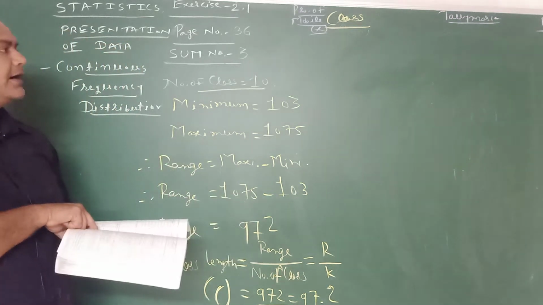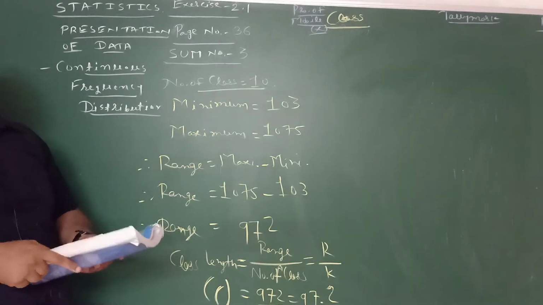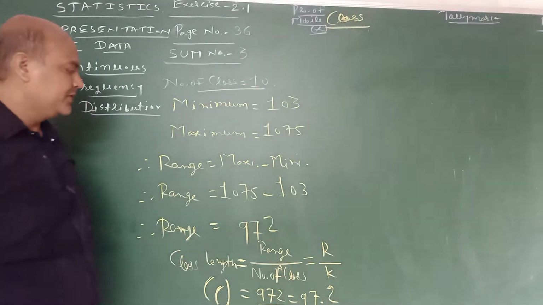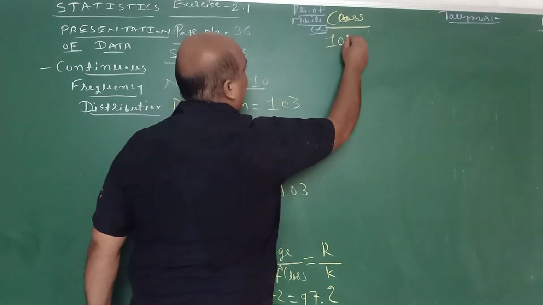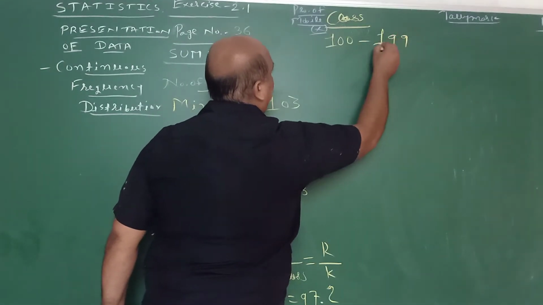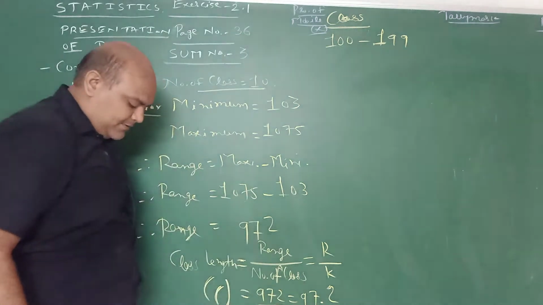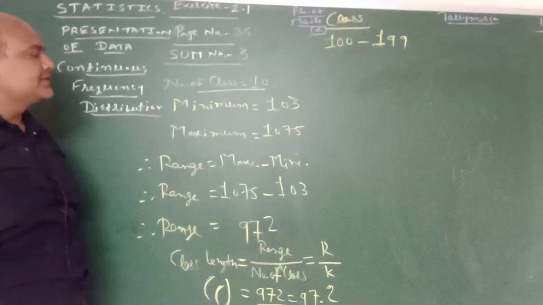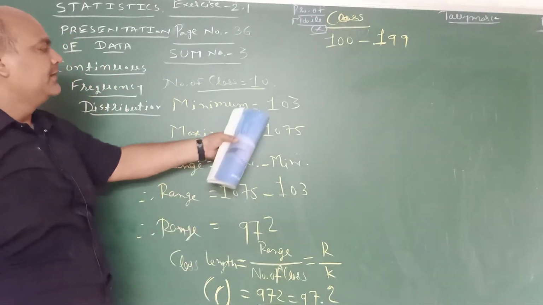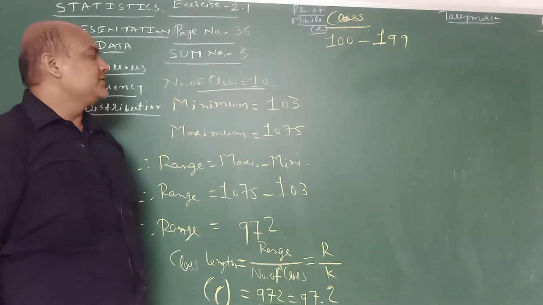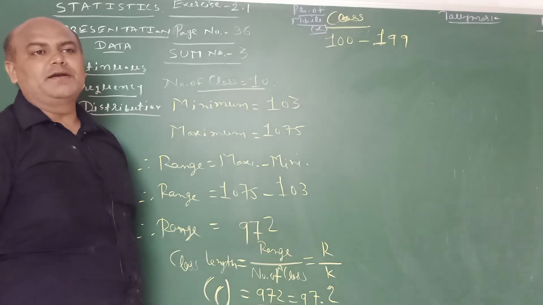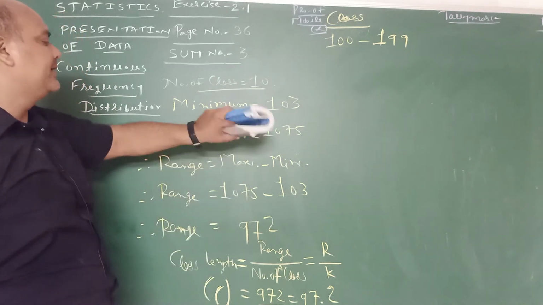So here I would like to prepare inclusive class distribution. I begin the first class 100 to 199. Why? Because in first class it must consider the minimum observation, that is 103. So 103 is set between 100 to 199.